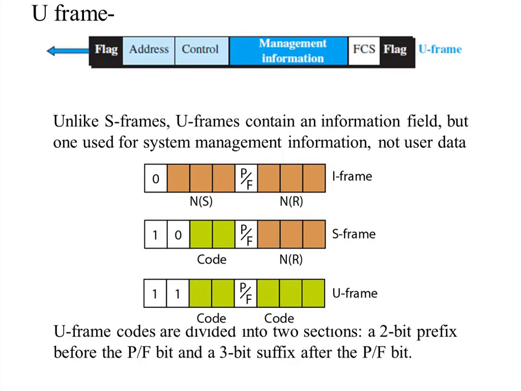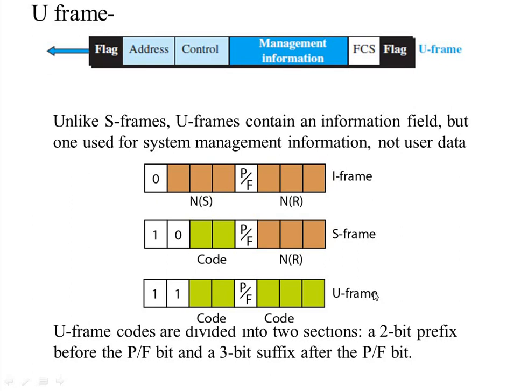Now we are going to move to the third frame, that is a U frame. Here it is control information. We have already seen that S does not contain any information, it contains only control bits. The U frame and I frame contain information, but the information is totally different. In this case, for U frame, the information is management information.